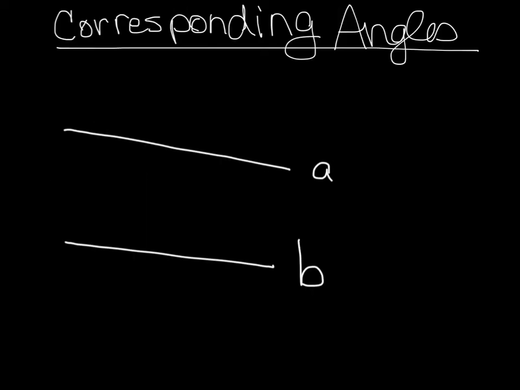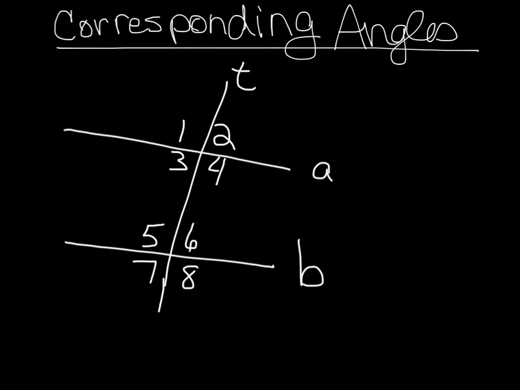Now we are going to look at different kinds of angles. When we have lines A and B cut by the transversal T, let's look at the different groups of angles we have here. We'll call these angles 1, 2, 3, and 4, then 5, 6, 7, and 8. The first grouping at the top is 1, 2, 3, and 4.